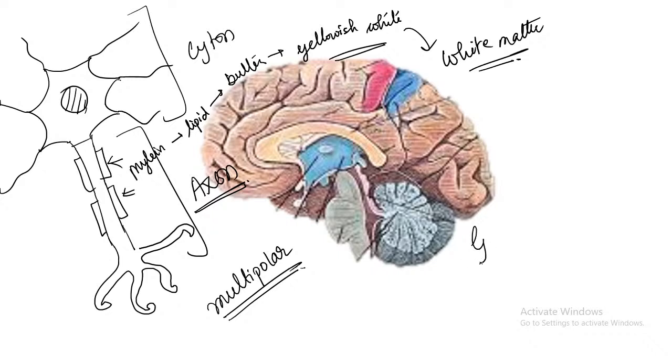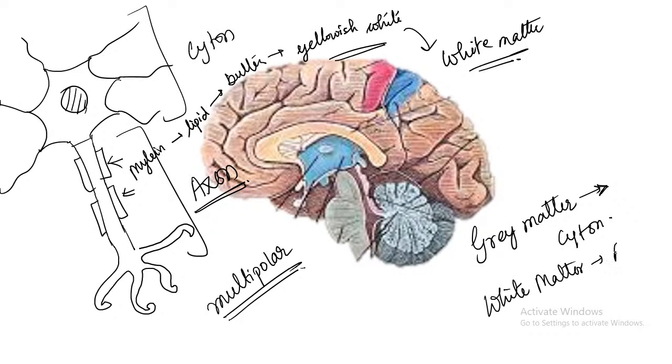Okay, so what we learned from this: gray matter is your cyton, and white matter is your axons. Which axons? Myelinated.